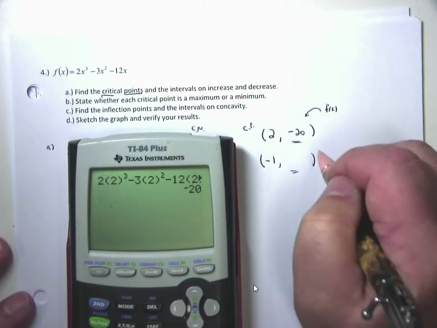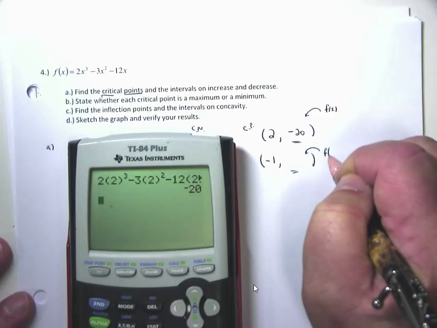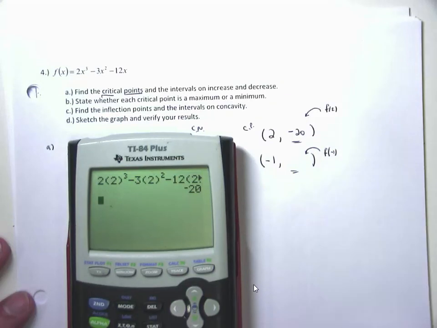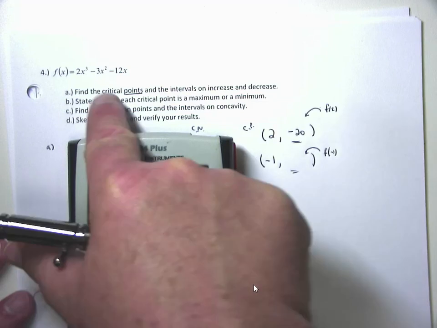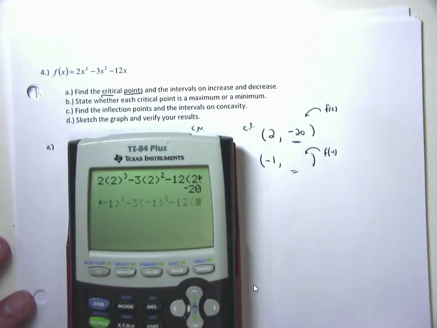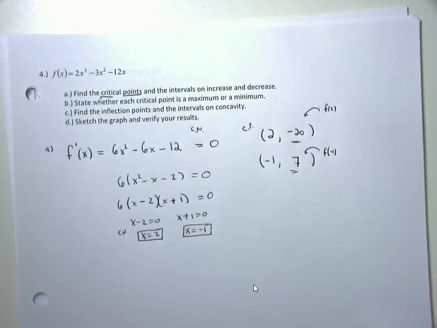Now I'm going to plug negative 1 into the original function to get its y coordinate. That'll be 2 times negative 1 cubed minus 3 times negative 1 squared minus 12 times negative 1. I get 7. F of negative 1 is 7. Now these are CPs.